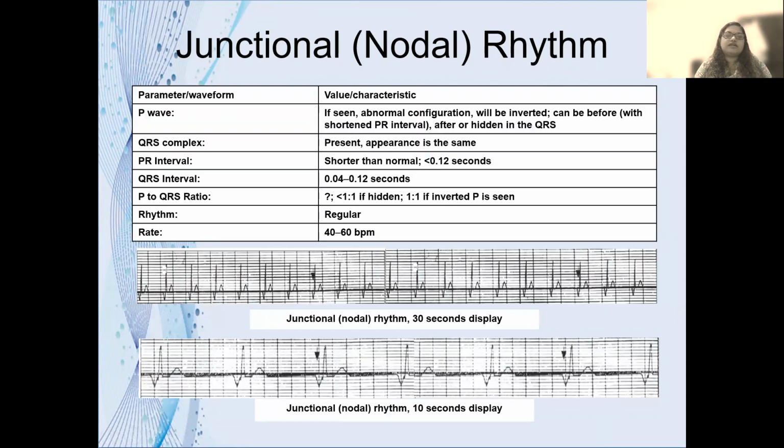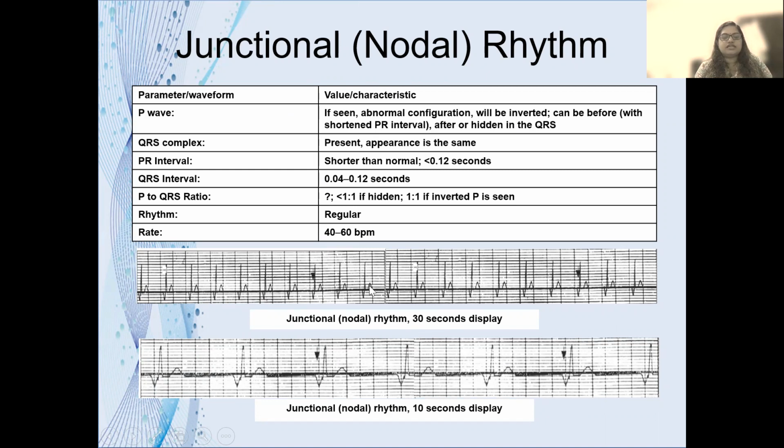Junctional or nodal rhythm: the P wave, if seen, has abnormal configuration, will be inverted, can be before, after, or hidden in the QRS. Junctional rhythm is like that. Rhythm can be regular, but the rate would be 40 to 60 beats per minute. Now see here.